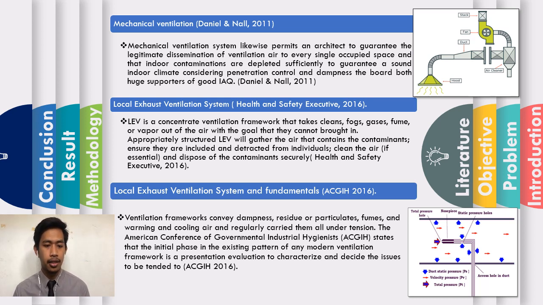The second is that LV takes fog, gas, fume and vapor of chemicals out from the workplace. The LV system has five main components: hood, duct, air cleaner, fan, and lastly the stack.